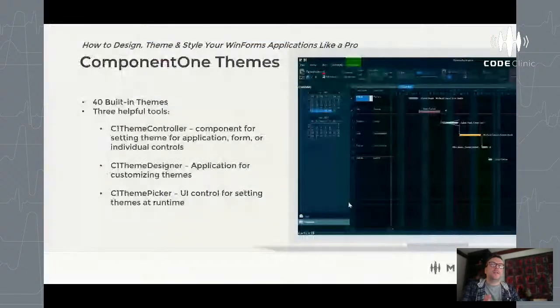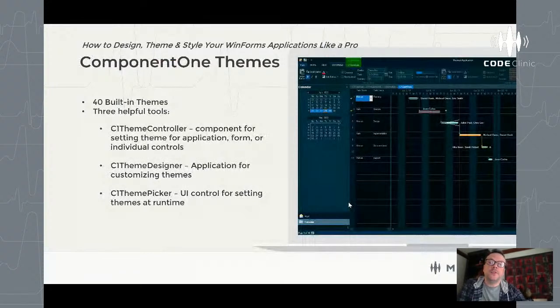So let me talk now about what the ComponentOne themes provides. With the ComponentOne WinForms edition, we have over 40 built-in themes. So a built-in theme means that you can apply it to your entire application by just selecting or setting it in one place. Additionally, you can create your own themes using our theme designer.